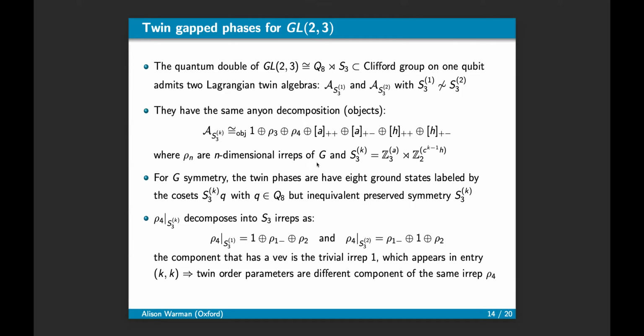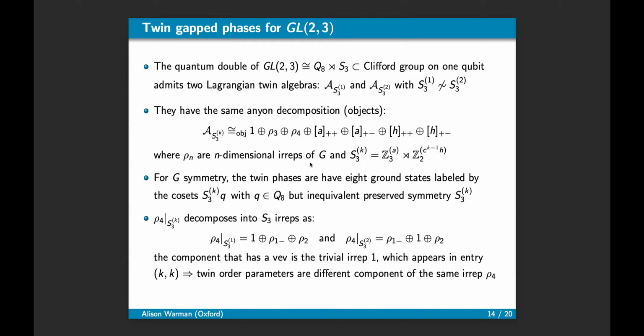Okay, so these phases both have 8 ground states for G symmetry, but they preserve inequivalent subgroups. So in one case, they preserve S3(1), in the other case, they preserve S3(2). So generally, they are non-conjugate subgroups. So we can determine these distinct phases by symmetry action. By acting, for example, with this H, in one case, it will be preserved. In the other case, S3(2), it will be broken and it will permute the ground states.